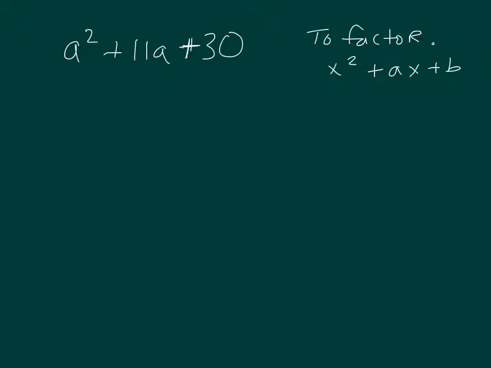Actually, I don't need this. I need to get rid of that. Okay. The first thing we're going to do is we're going to write x and x in parentheses. So we're going to write this.